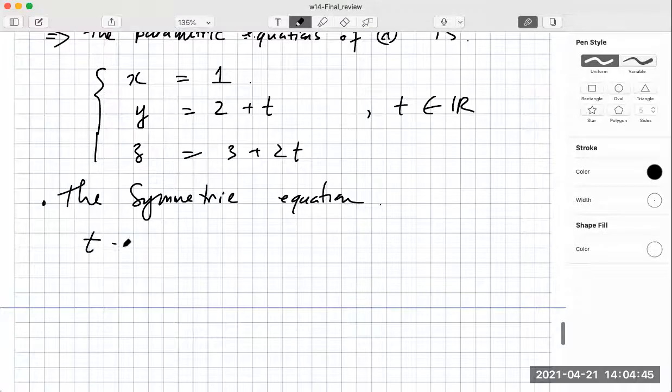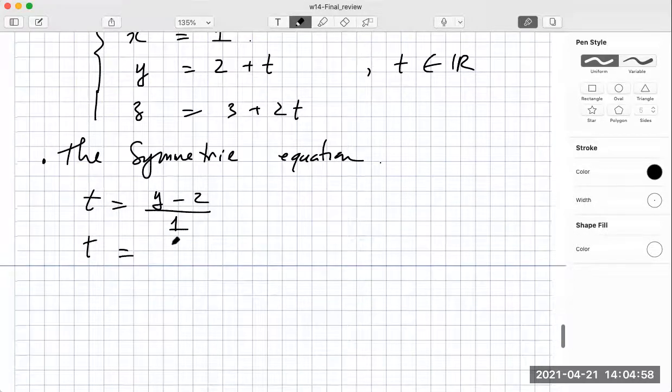Then we see that t is equal to y minus 2 divided by 1, right? That is from the second equation. And from the third equation, z minus 3 over 2, right?